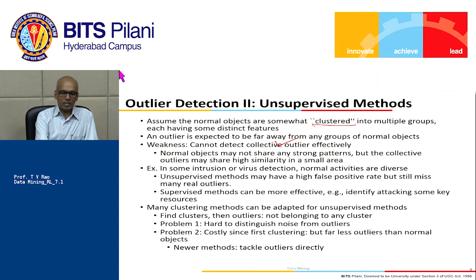Because what happens, as you can see in an example, if there is a virus or some intrusion happening, it is quite likely that we will end up creating a large number of false positives, and also potentially we will miss the real ones, because we do not know the behavior of the virus.